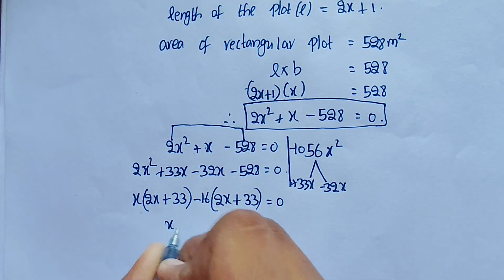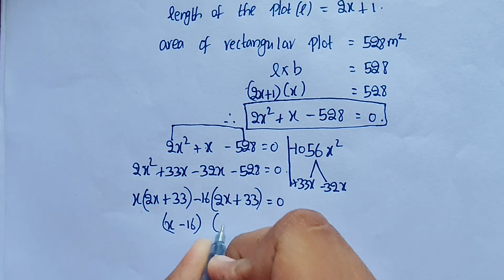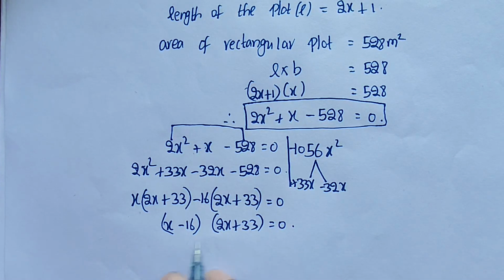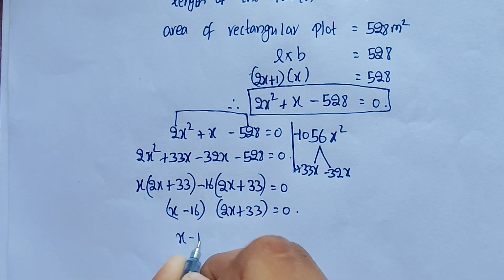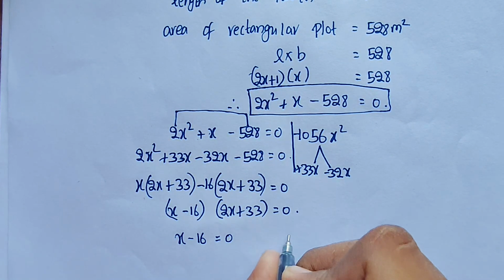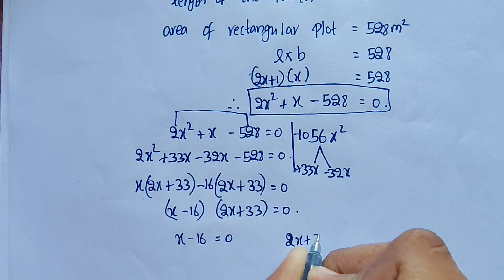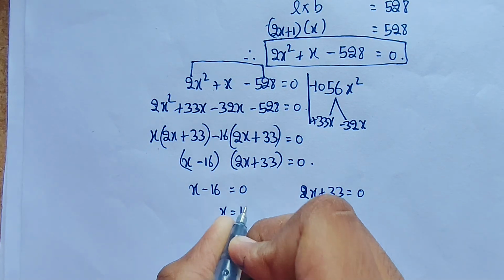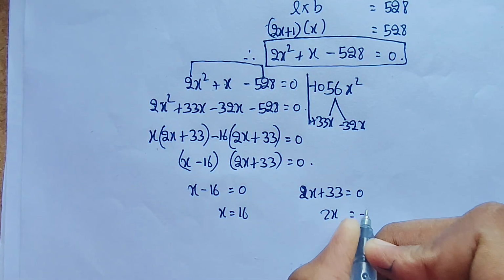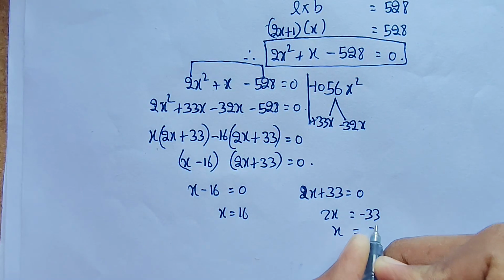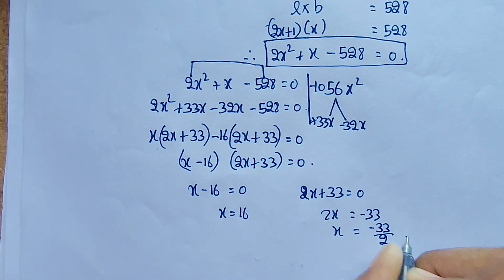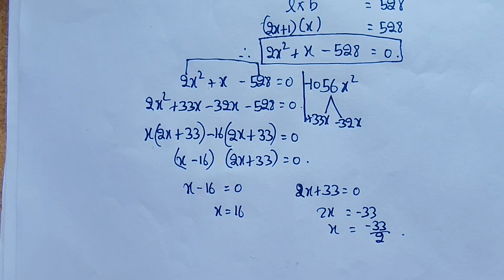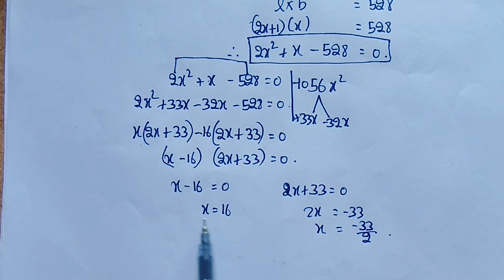Then we get (x minus 16) into (2x plus 33) equals 0. So x minus 16 equals 0 and 2x plus 33 equals 0. Then x equals 16, and 2x equals minus 33, so x equals minus 33 by 2. For the dimensions, we don't take the negative value, so I am going to take the positive value.